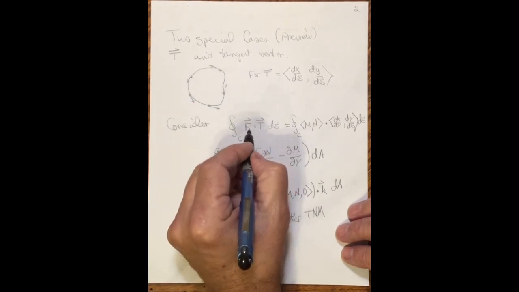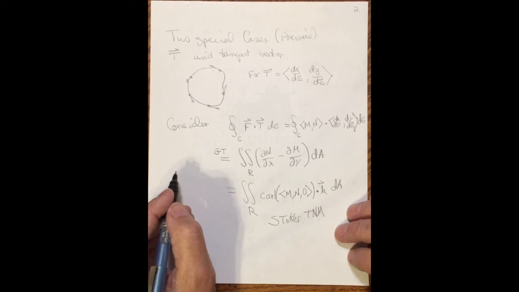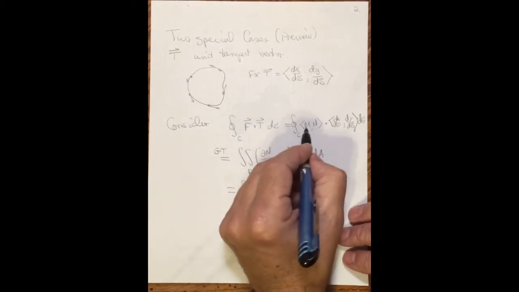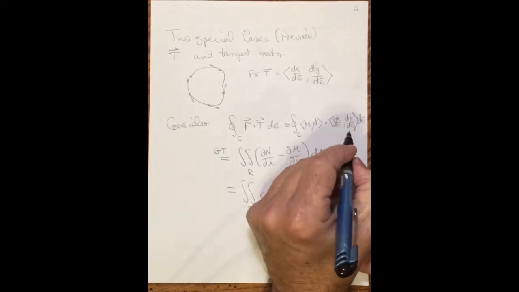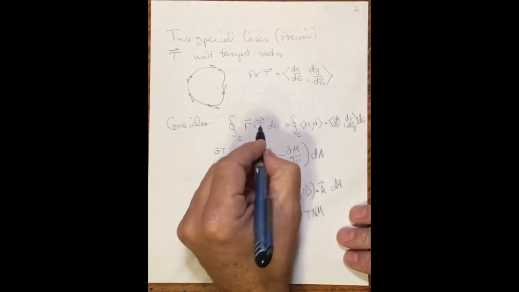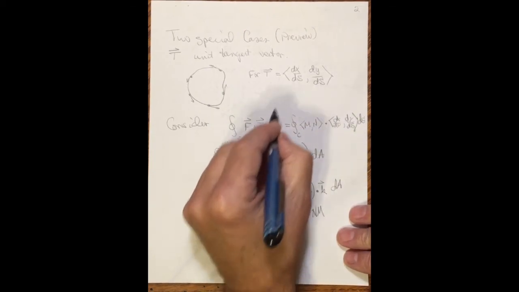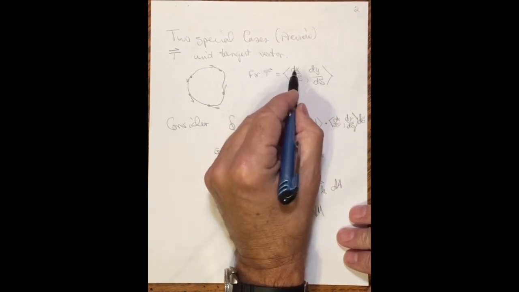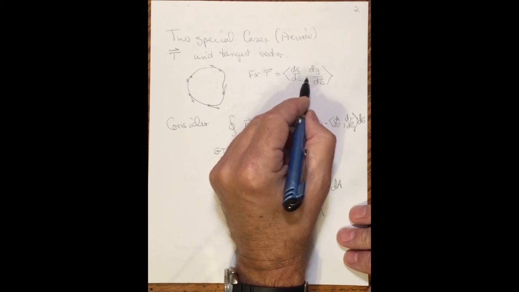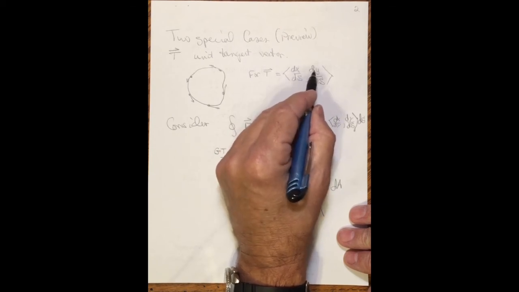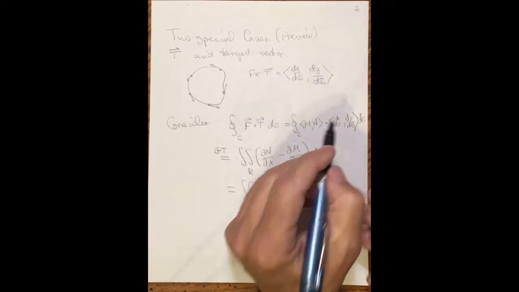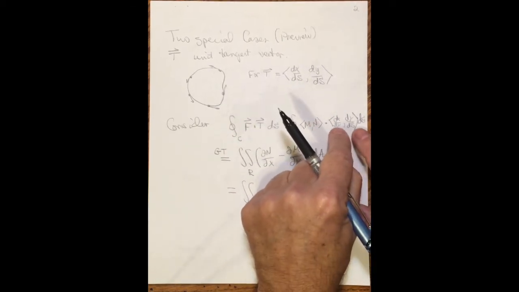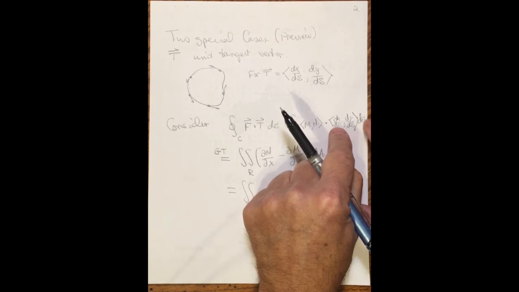So you're getting force times distance. Well, as usual, if F is equal to M, N, that's what we've been calling it, then the unit tangent vector we're going to let equal dx over ds, and then dy over ds. So here's our unit tangent vector times the ds.